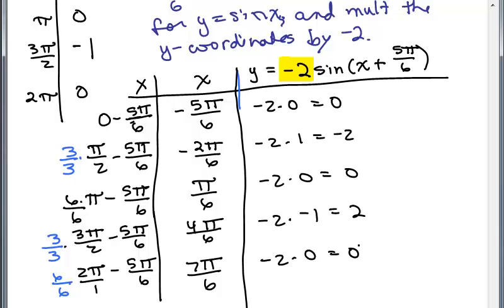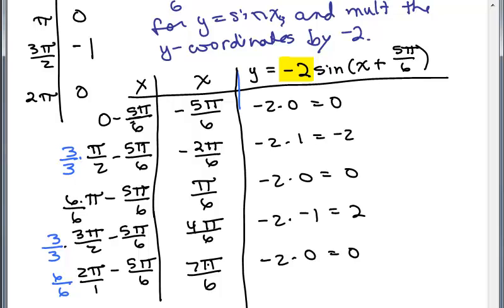So I'm doing negative 2 times the usual sine of x values, 0, 1, 0, negative 1, 0. That gives me 5 ordered pairs: negative 5 pi over 6, 0; negative 2 pi over 6, negative 2; pi over 6, 0; 4 pi over 6, 2; and 7 pi over 6, 0.